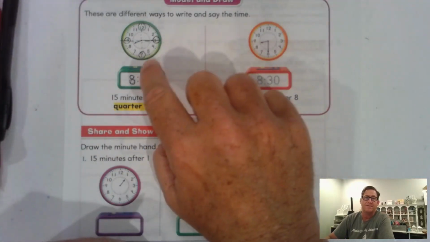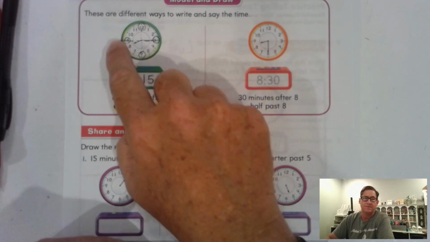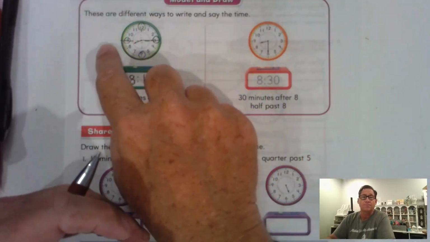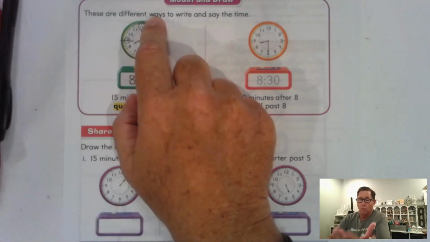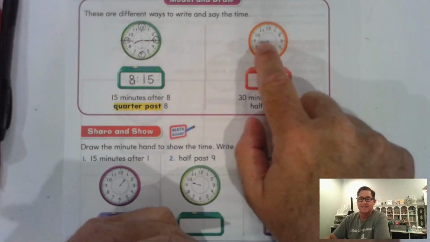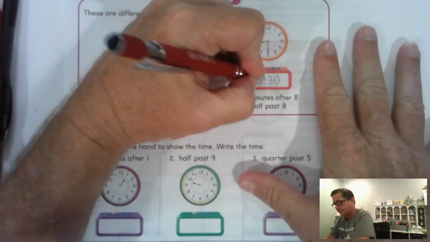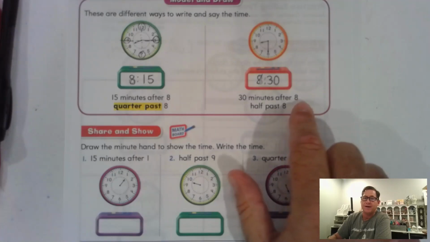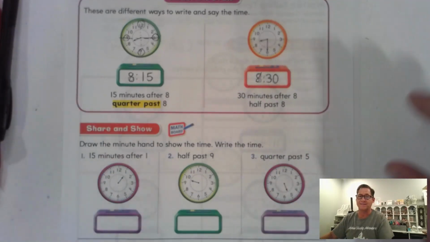So quarter after, half an hour after, 3/4 after, or a quarter to the next hour, and then 1 whole hour. All right, so here we have 8:30. And we also can say 30 minutes after 8 or half past 8.